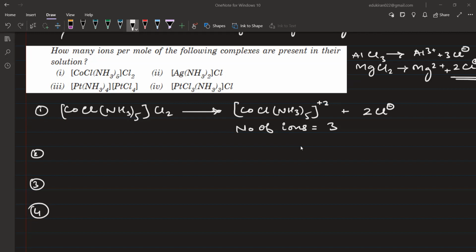Try to think in that way. Yes, Rehan, correct. Yes, Astha, correct.